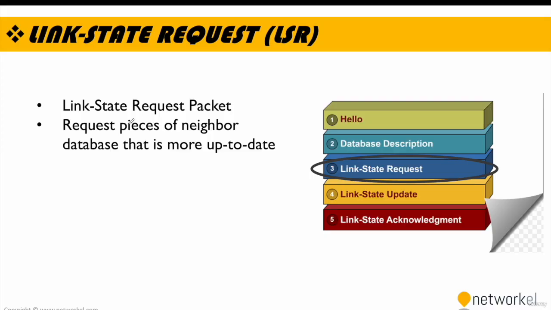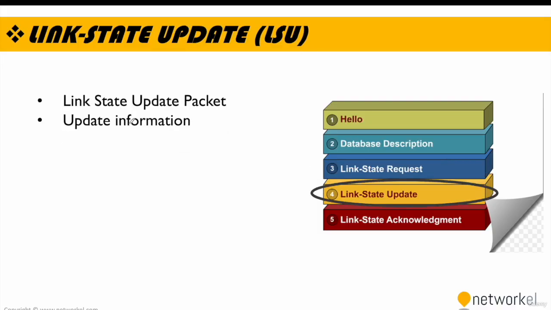So the LSR, link state request, packet is used to request pieces of the neighbor's database that are more up to date. On the other hand, the link state update packet is used for sending specifically requested link state information, which is requested by the LSR that we saw in the previous slide.